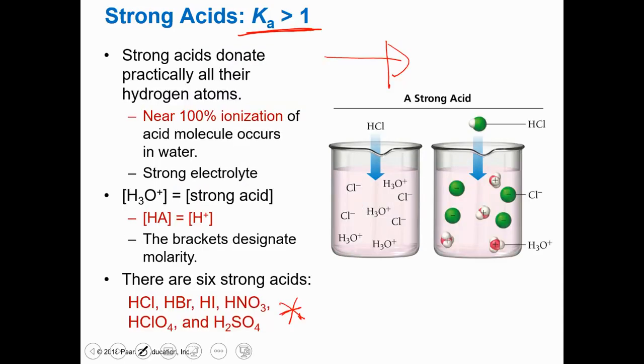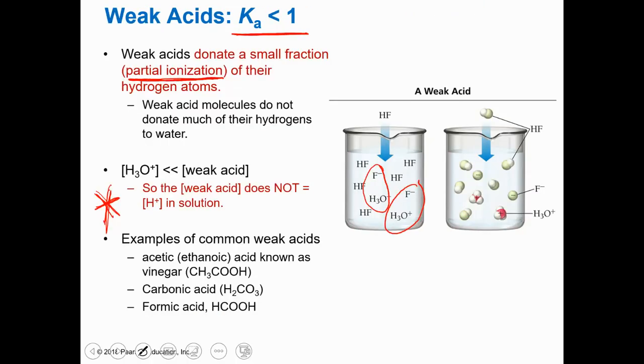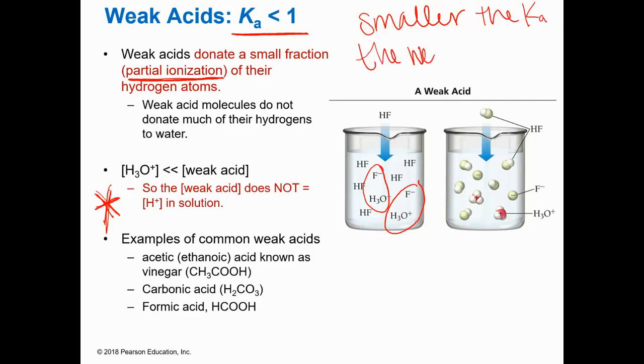I do want you to know the larger the Ka, the stronger the acid. Okay, and then the smaller the Ka, the weaker the acid. And we're talking about these having very small exponents on their scientific notation.